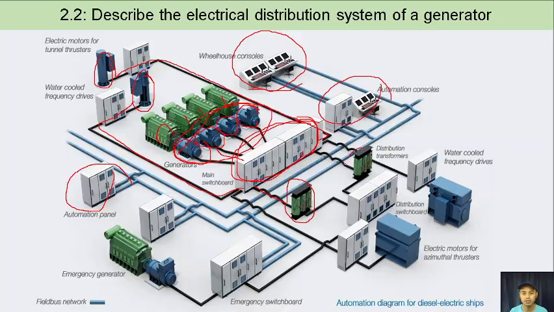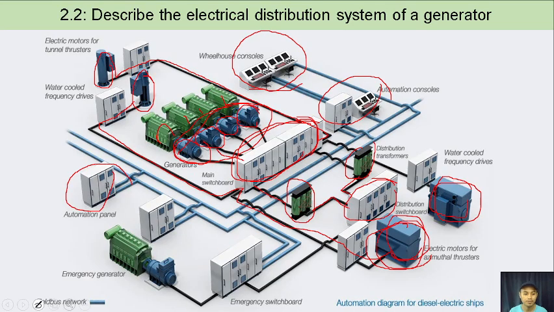We have transformers on ships, and the 440 volts is converted to 220, so in your rooms or cabin you can charge your phones and laptops at 220 volts. It also powers up the azimuth thrusters. If you have azimuth thrusters, it can power those up, and the water cooled frequency drives.